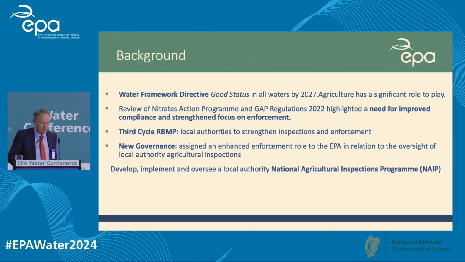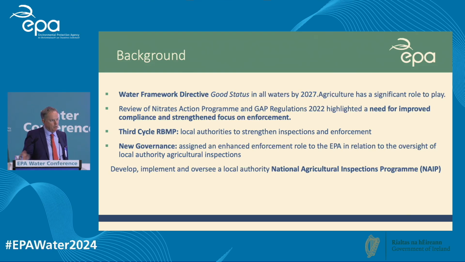As has been discussed quite a bit today, the Water Framework Directive requires at least good status for all waters by 2027. We all know that, and we know that agriculture has a significant role to play in that. A review was carried out of the fourth Nitrates Action Programme back in 2022, and implemented through the associated GAP amendment regulations of 2022.